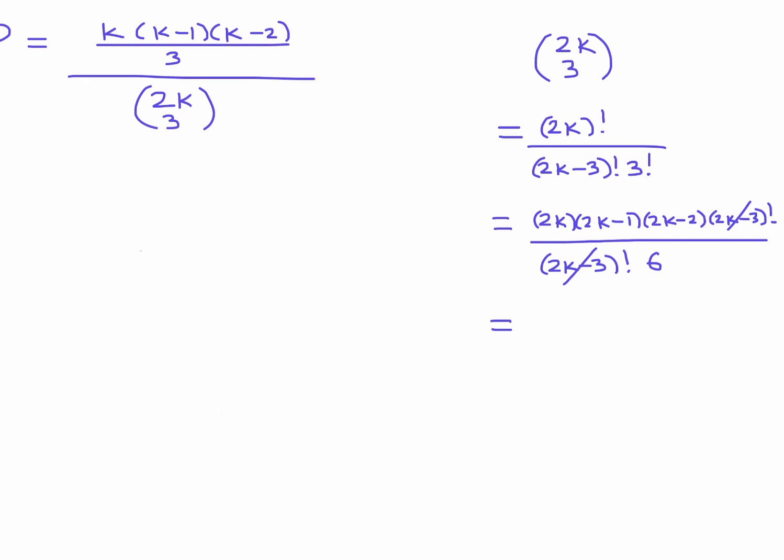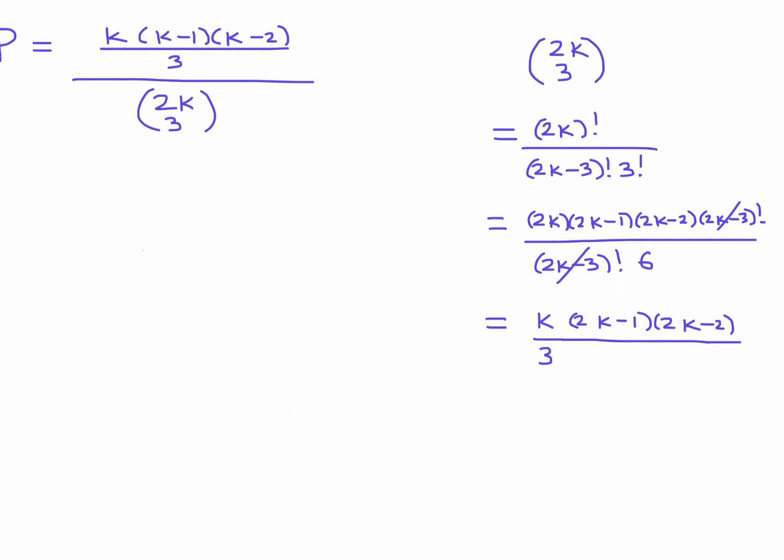let's see how much I can cancel. I think the 2 from the 2K and the 6 will cancel, and that will just give me a 3 here, like that, and then the rest will probably be the same, 2K minus 1 and then 2K minus 2.